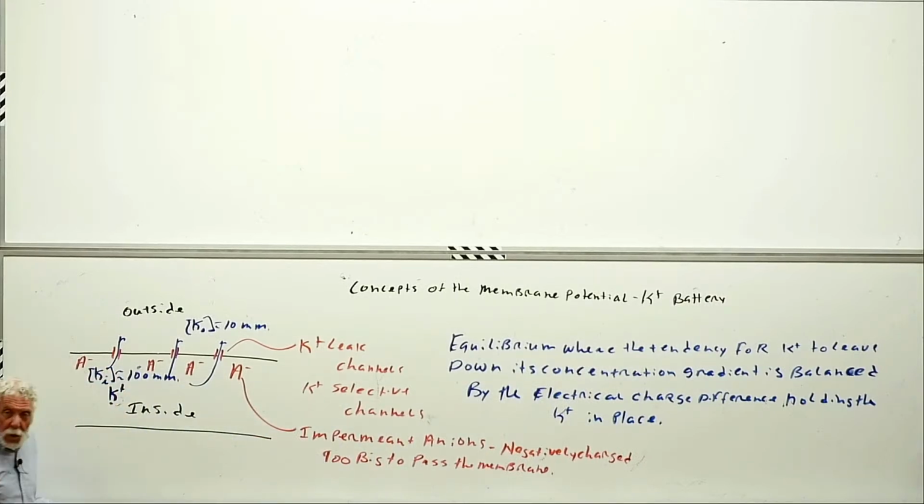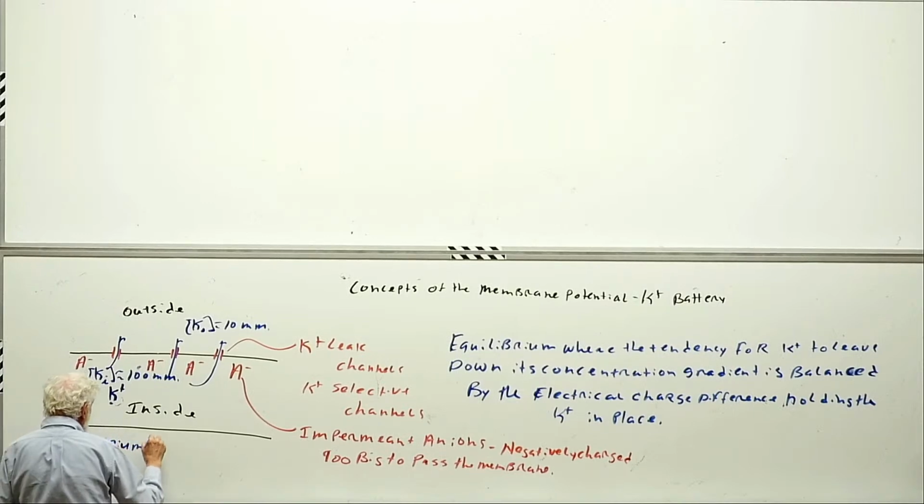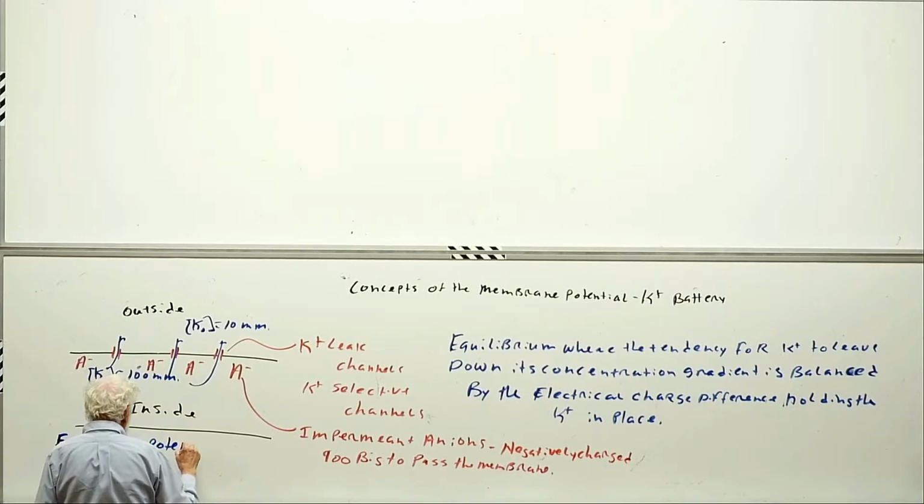So we've reached an equilibrium. And we can describe this as the equilibrium potential for potassium.